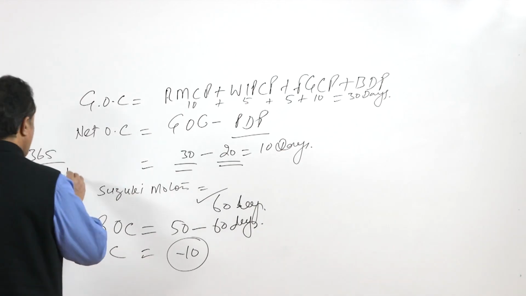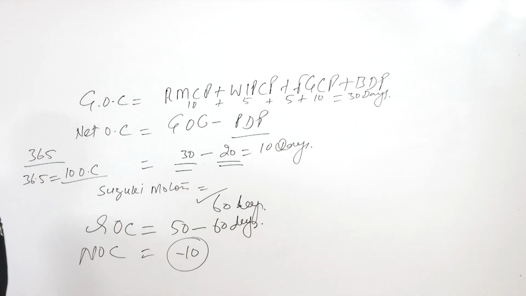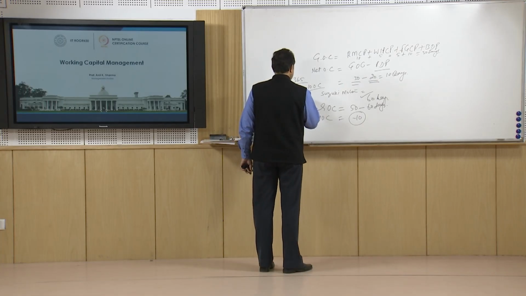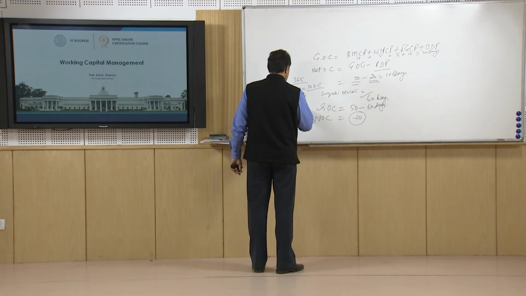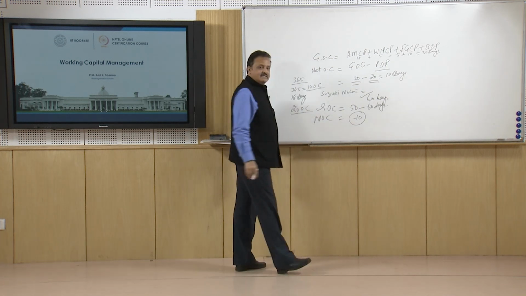That is 10 operating cycles. And for example, if some company's operating cycle comes down to 18 days, then how many operating cycles? Roughly the company would be able to complete 20 operating cycles in a year.